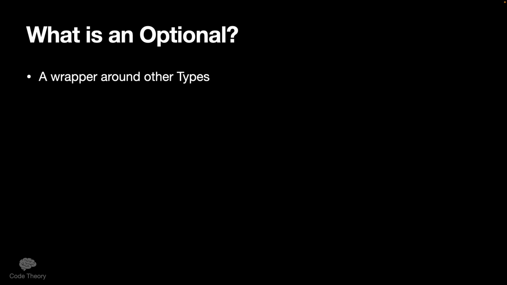So if you create your own class or enum or a function type, you can wrap it with an optional indicator. And then it becomes an optional type. If a variable or constant has a type that is optional, then it has the ability to be nil.